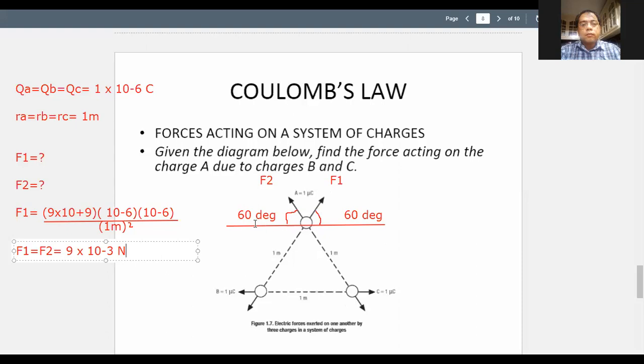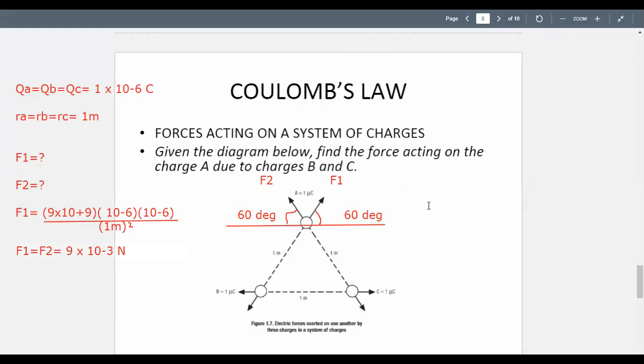Except that what we want now is to find the net, or resultant, force created by our forces F1 and F2. If we use the component method, since we know the magnitude already, first we can get F1x.